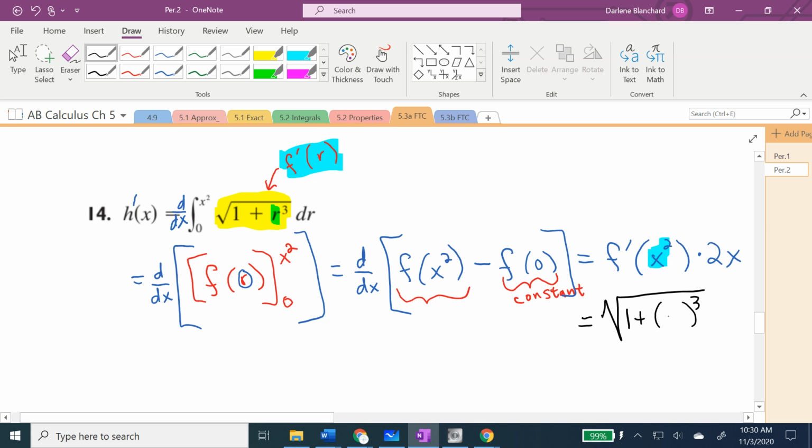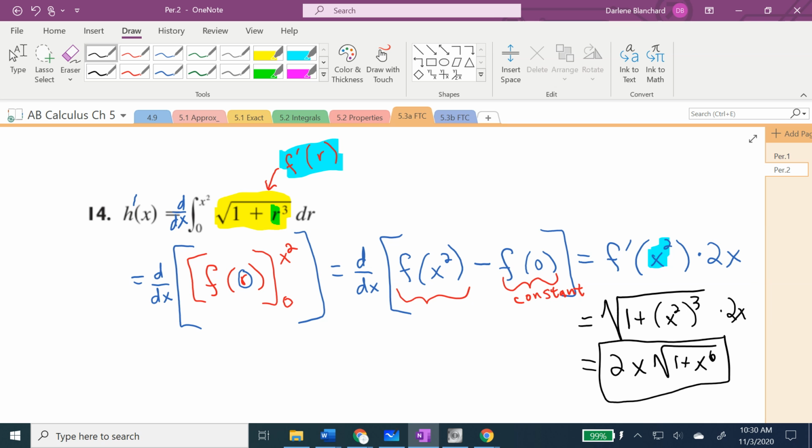I plug in that x squared, and I have my times 2x. So if you struggled a bit with the chain rule, this can help you to write it out more slowly if it was not making sense yesterday.